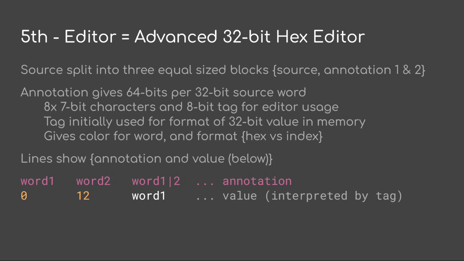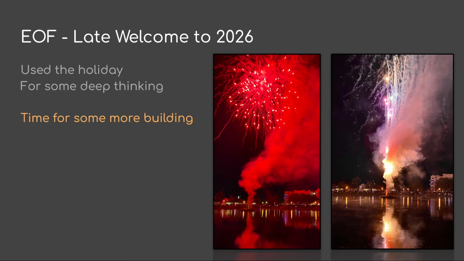And that'll give me 8 characters. Each of those characters will be 7-bit. And I'll have an 8-bit tag for the editor. And the tag will give me the format of the 32-bit value in memory and give me whatever else I want in there, so I can adapt for whatever I feel like doing in the future. And I can make this pretty uniform because I'll mostly have numbers and then I'll have direct addresses to words inside this. So that's it for now.